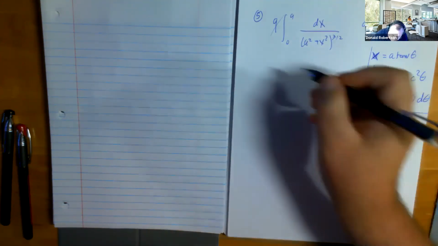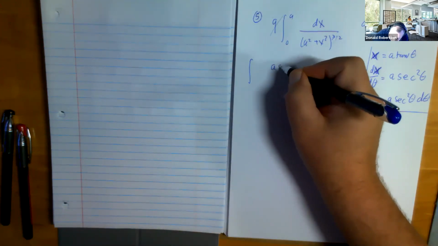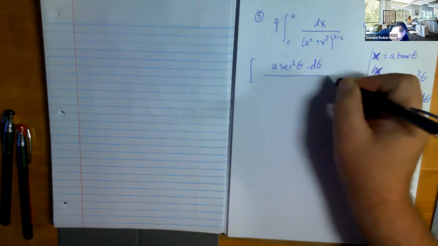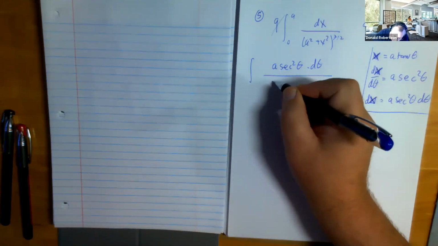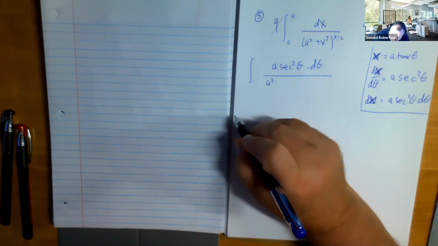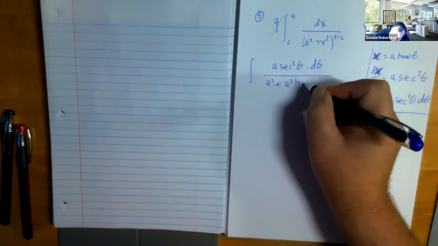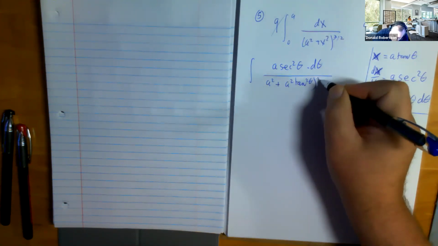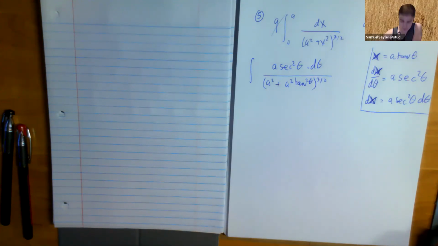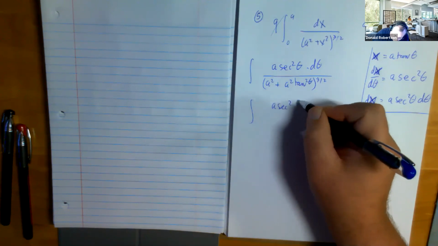Okay. So we have an integral of a secant squared theta d theta all over a squared plus a squared tan squared theta, all raised to the power of 3/2. Do we get a guy that looks like that? Yes.